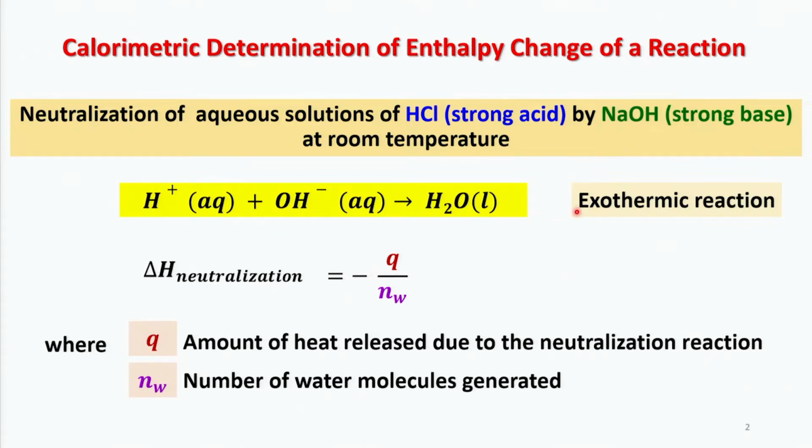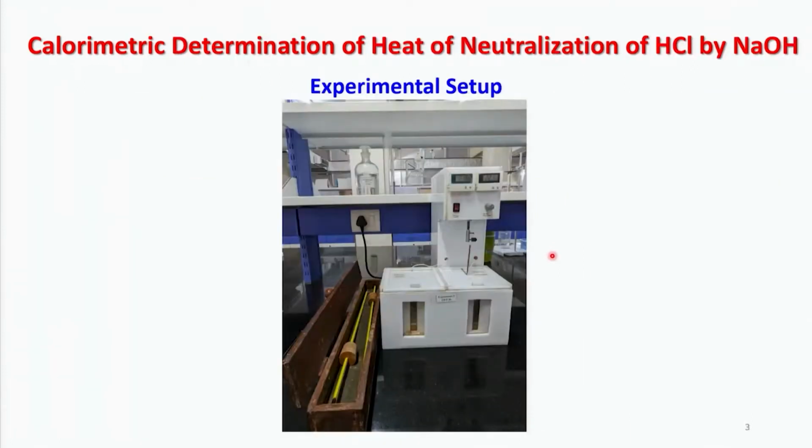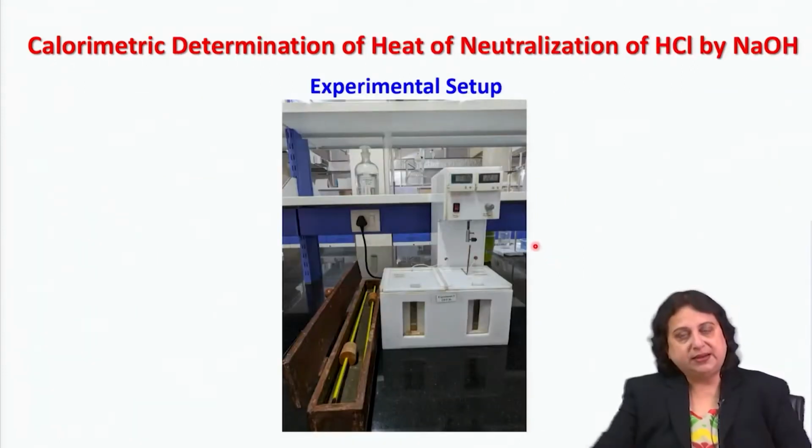Now, moving ahead, here is a typical experimental setup that you will find when you walk into any physical chemistry laboratory where an experiment like this is being conducted. So, let me show you the different parts of the experimental setup.